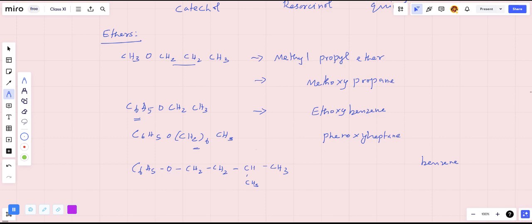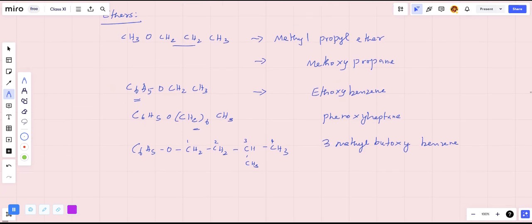So this is 1, 2 and 3, this one is 4. So this is 3 methyl group. So 3 methyl butoxy. Okay, 3 methyl butoxy benzene.